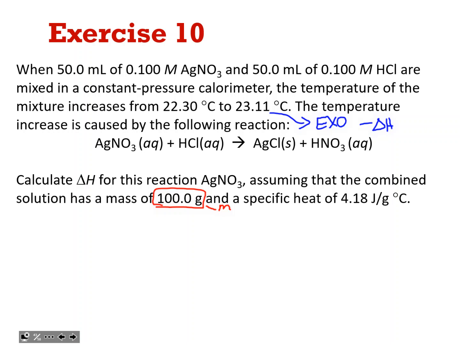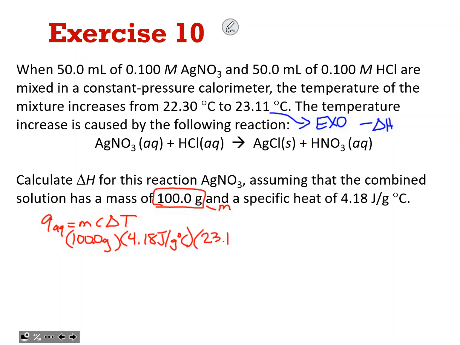So all we have to do now is find Q. Here's our mCΔT. Put in the 100 grams, specific heat 4.18, and the temperature change, 23.11 minus 22.30, right? And we get Q. What do we get for this number?